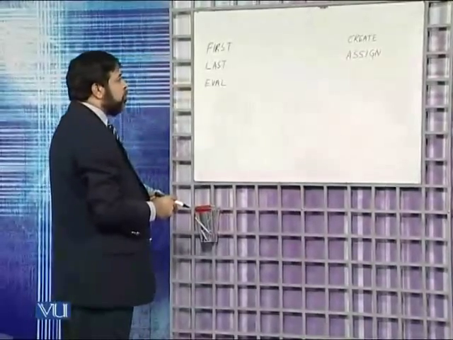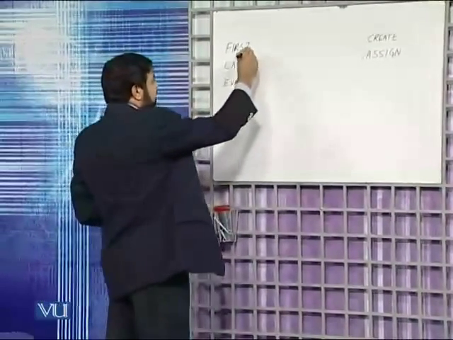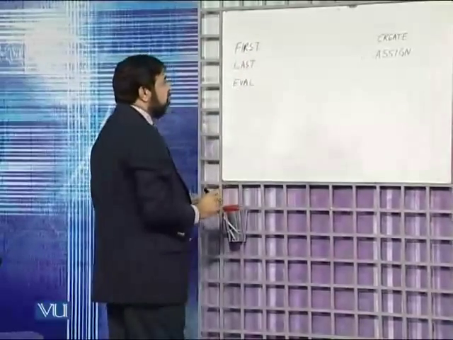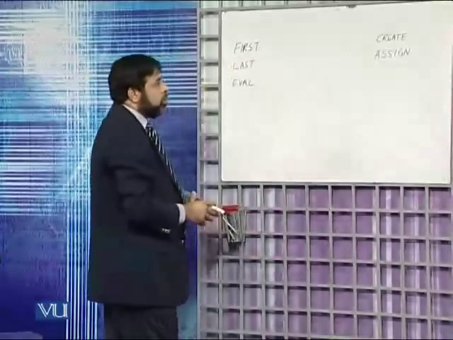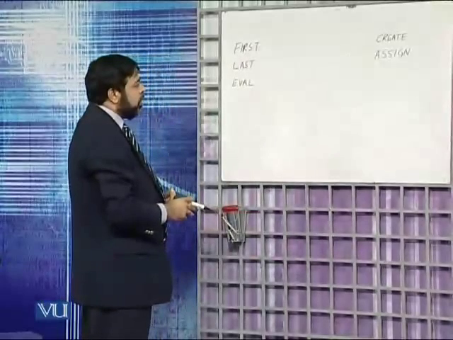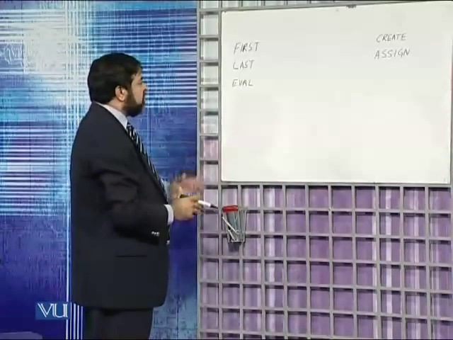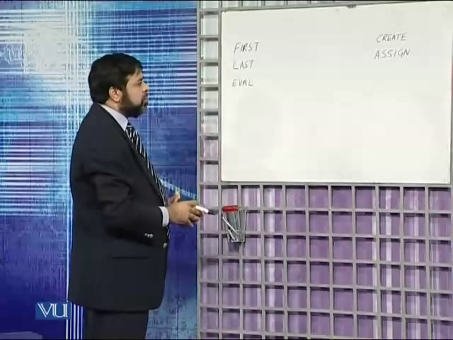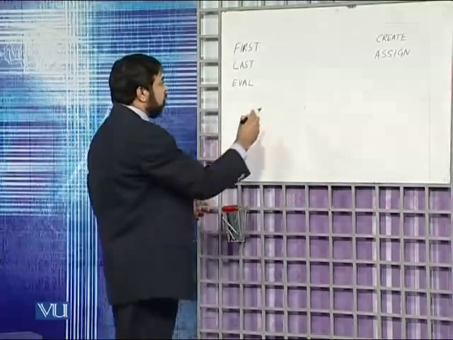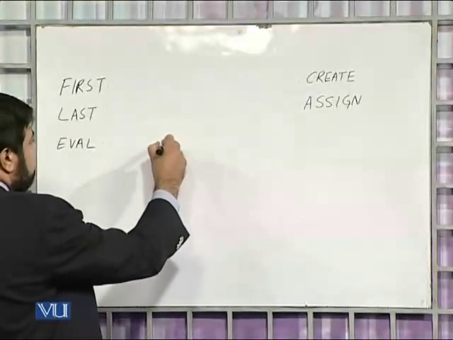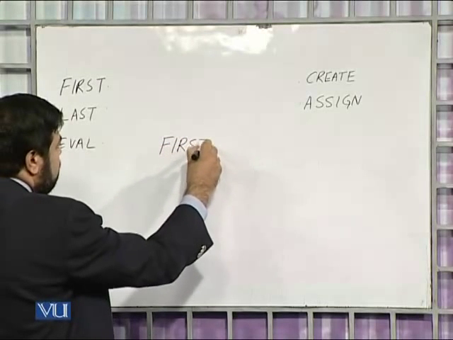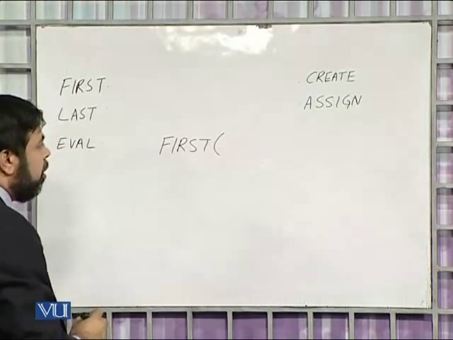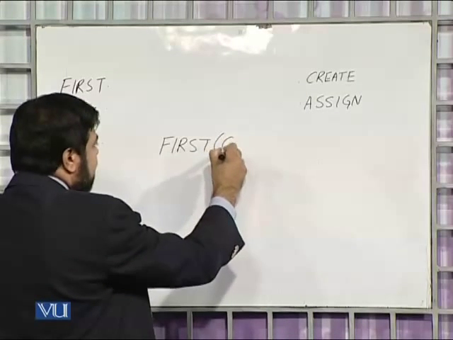So what we are going to do is write axioms for each one of these in terms of these two constructors. Let us first write the simplest of the axioms. We want to find the first when we have created.